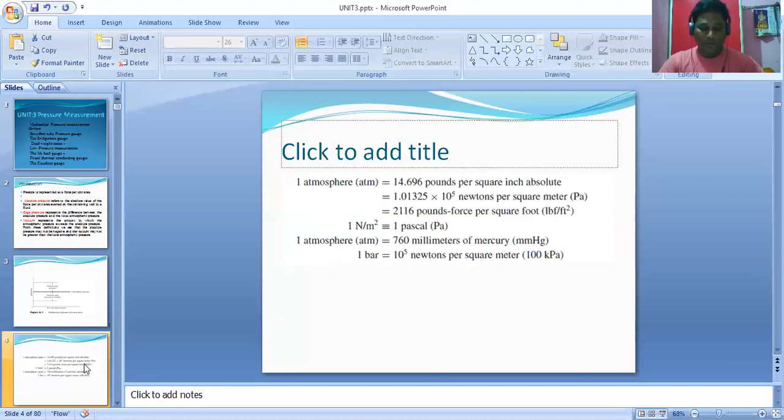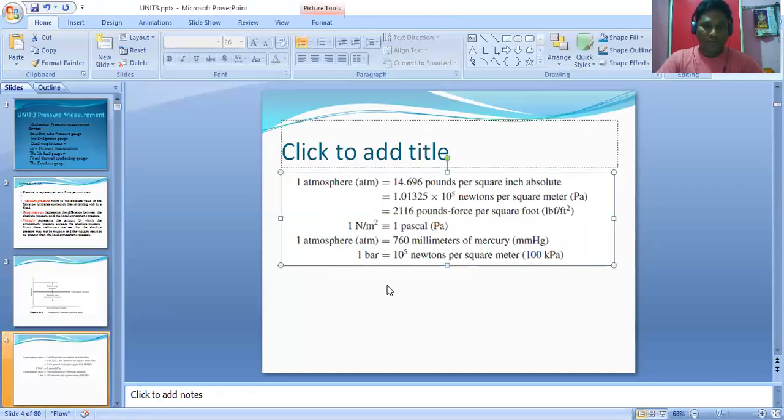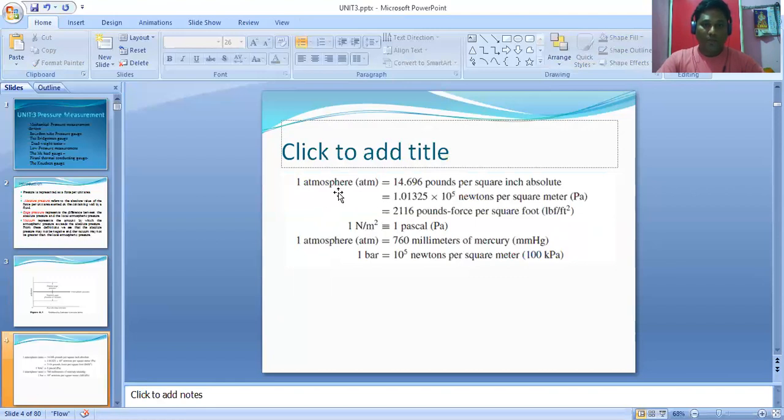Some common units of pressure: 1 atmosphere, that is 1 atm, is equal to 14.696 pounds per square inch absolute.